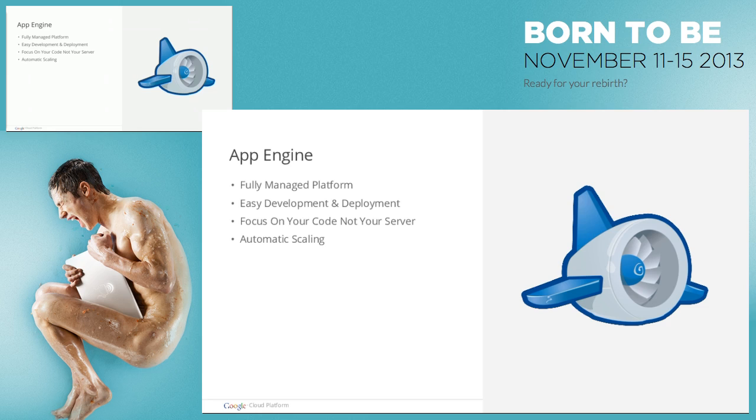So App Engine, this is a traditional platform as a service offering from Google. It was out a long time ago. We support many runtimes, so it's fully managed, easy to develop, easy to deploy. You don't know if you have one instance running, 500, 10,000, you don't care. You cannot really tweak the load balancer settings because we do that for you.